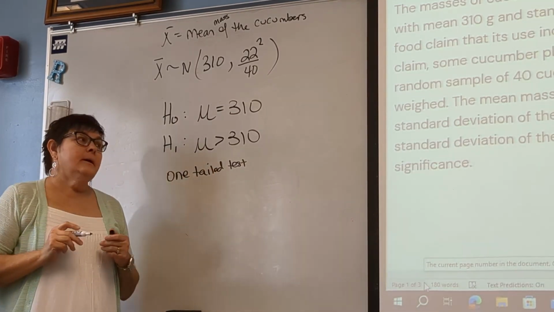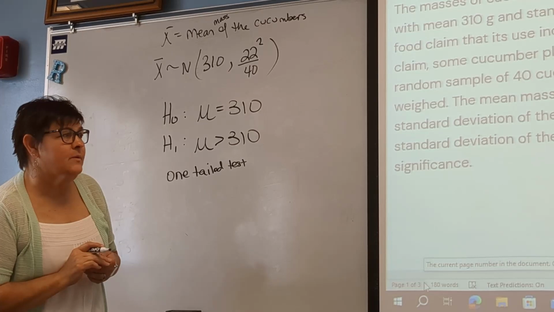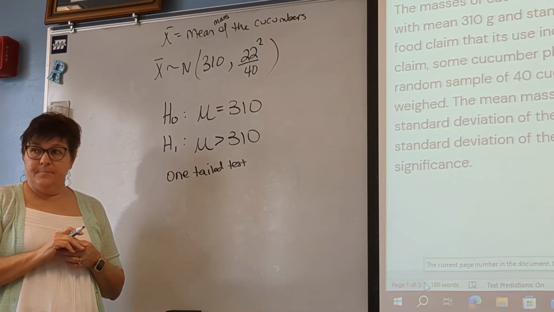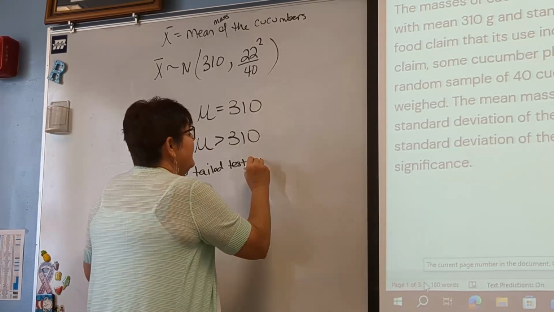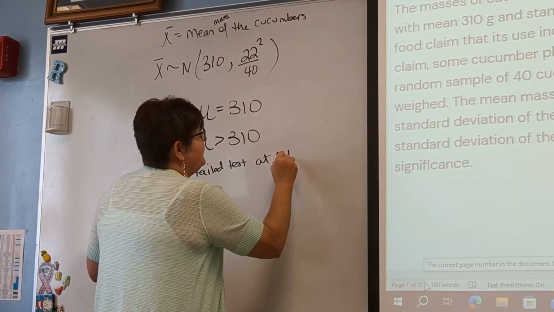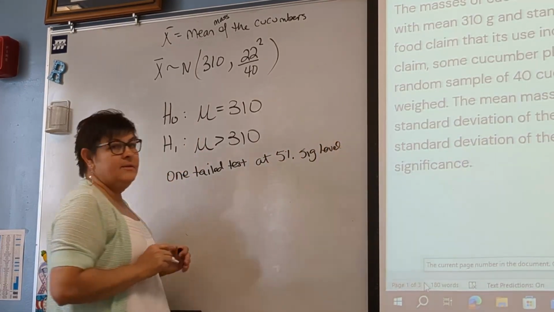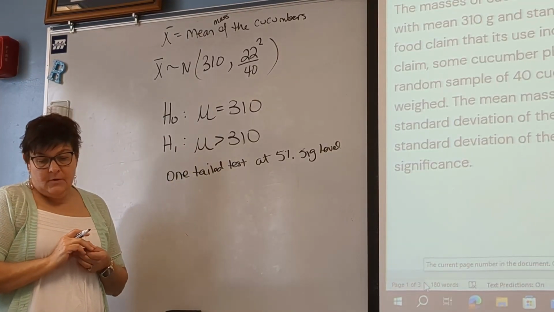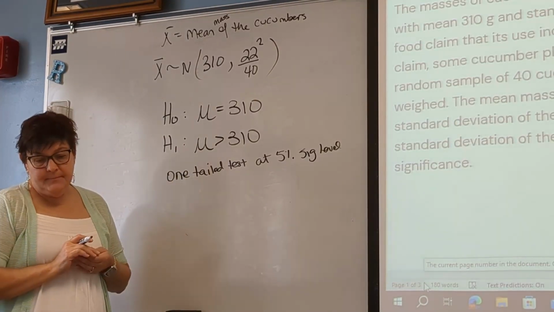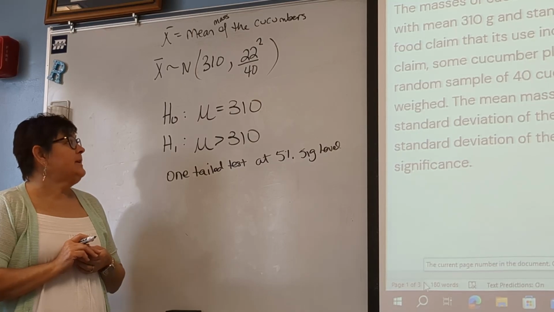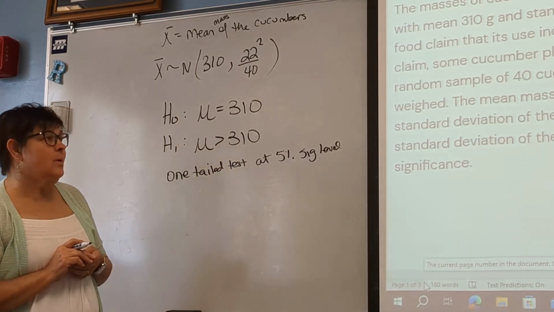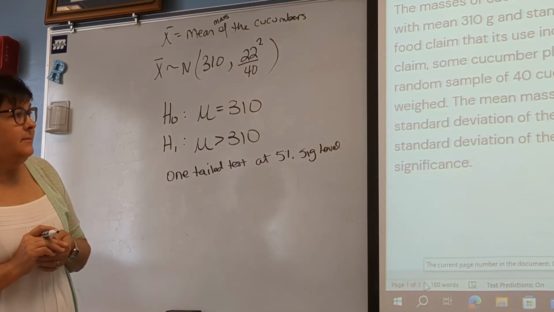Okay, and what is the significance level we're looking at in the end? 5%. I would write that down as a 5% significance level, just so I know it's there. So now I'm going to crunch my numbers, right? What are we comparing it against here?